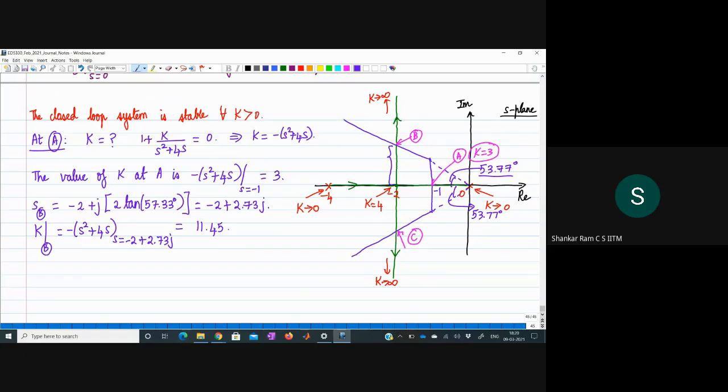I also leave it as an exercise that K at point C, you can double check for yourself, is going to be the value of minus S times S squared plus 4S, at S equals minus 2 minus 2.73 J. That will also be the same. Okay, so at points B and C, the value of K will be 11.4.